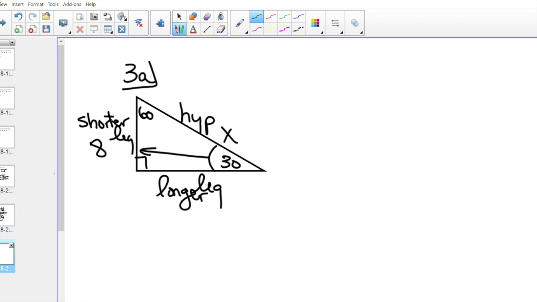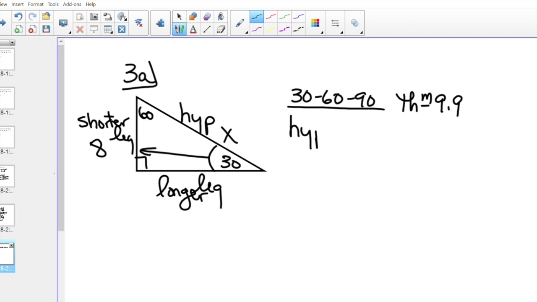So using 30, 60, 90, and of course you know that's theorem 9-9, it says the hypotenuse is equal to twice the shorter leg.